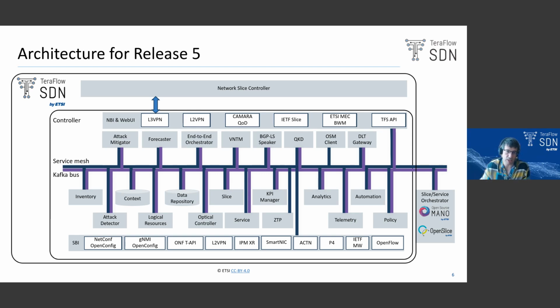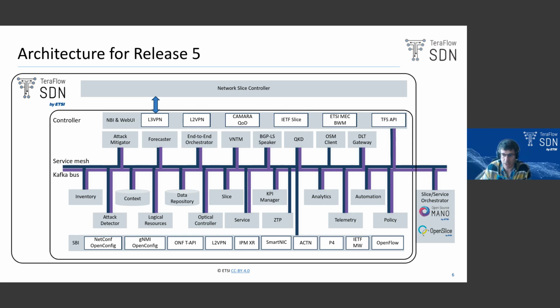Then you see the service mesh and the Kafka bus that we introduced in the previous release. This is the significant change from the last 2 releases that helps us to improve the architecture for TeraFlowSDN, and the pipelines and data flows happening inside TeraFlowSDN. So we are able to provide a better and faster response for telemetry, for example, and for monitoring data.